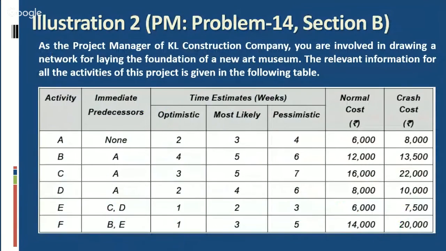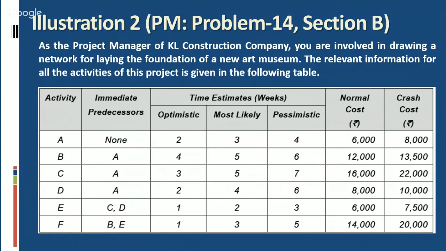Now, next illustration 2. In this illustration, you will get entire concept of project crashing. This is problem number 14 from section B. As the project manager of KL Construction Company, you are involved in drawing a network for laying the foundation of a new art museum.